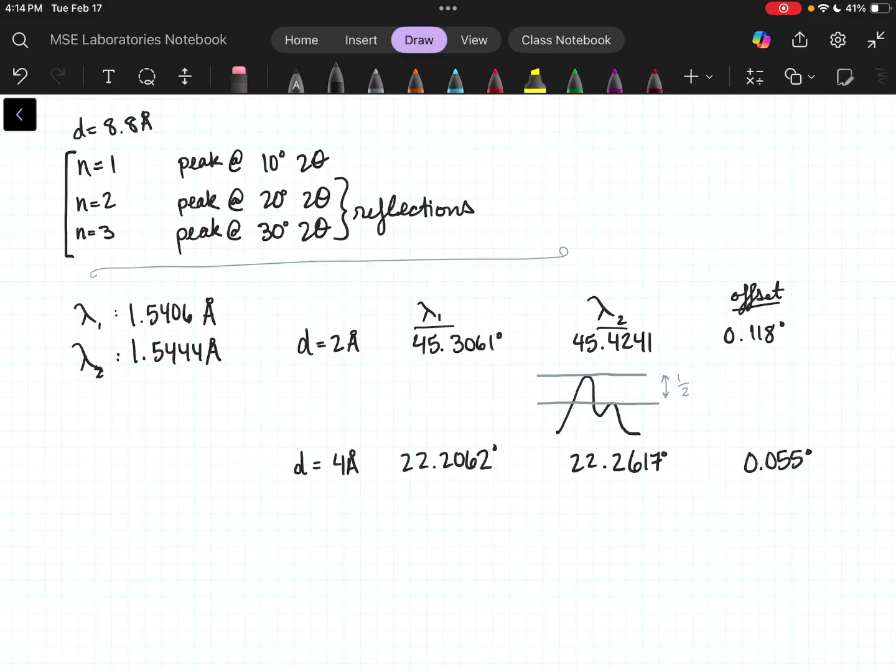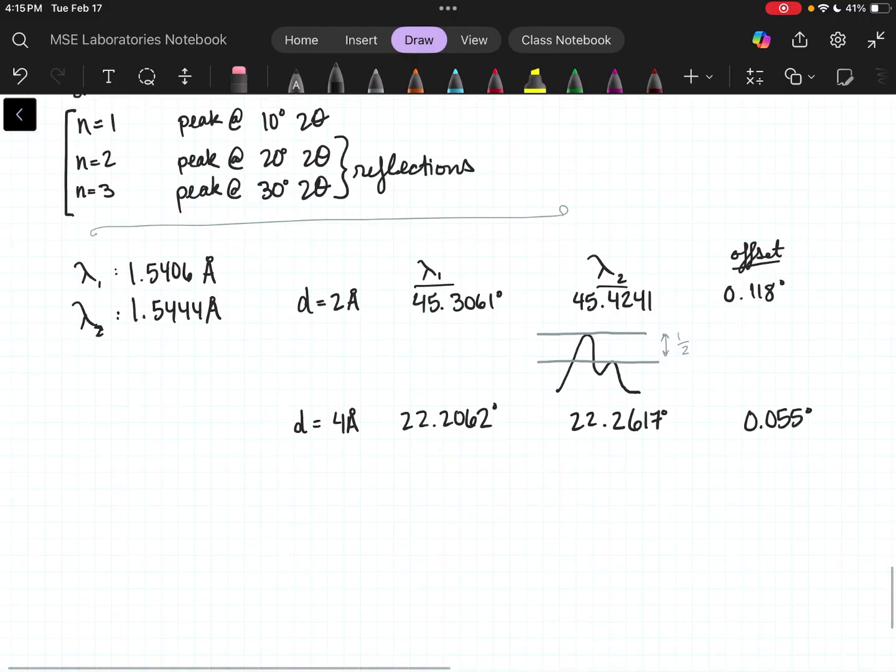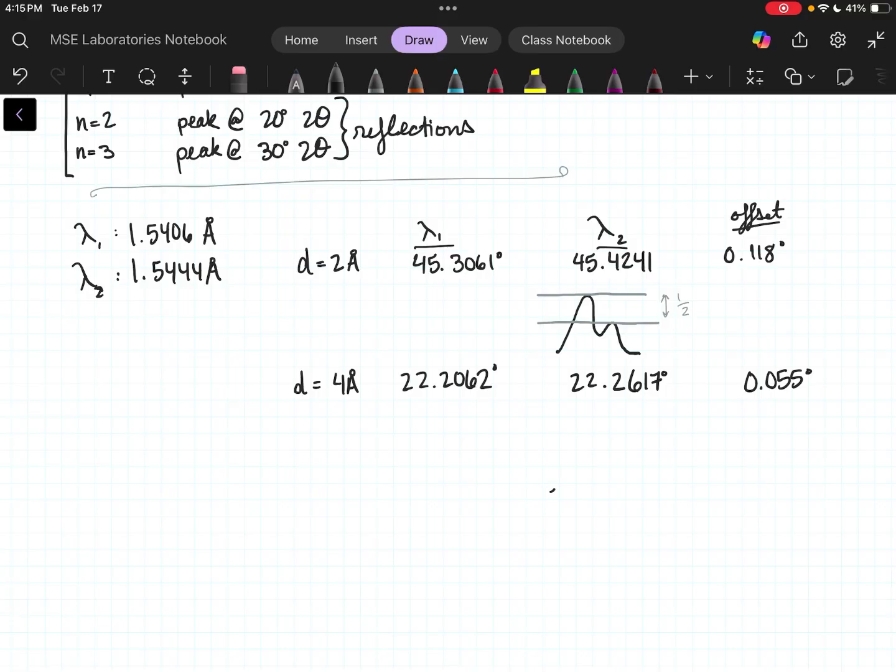And if you're feeling like you really want to do the math, you're welcome to do that later. I'm not going to make you do it because the internet can do this math really quickly for us. You're like, hey, I want a Bragg's law calculator. And it's like, here you go, a Bragg's law calculator. Perfect. So the offset on this one is 0.055 degrees. It's a much smaller offset.